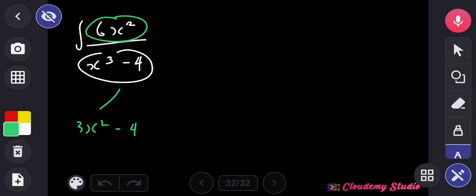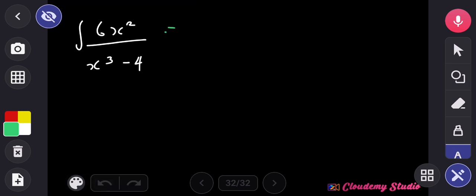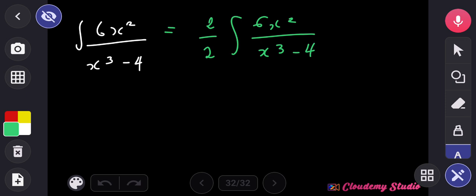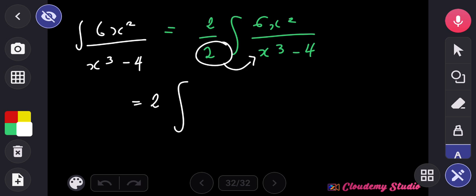What we're going to do is ask what we can multiply 3 by that will give us 6. That is 2, which means multiply by 2 over 2. You understand? So we have 2 times the integral of 6x squared divided by 2x to the power 3 minus 8.